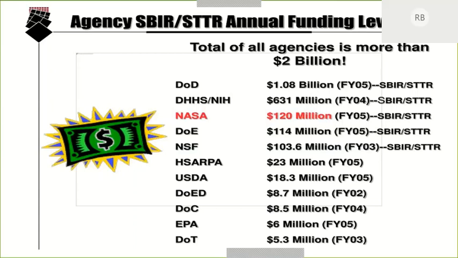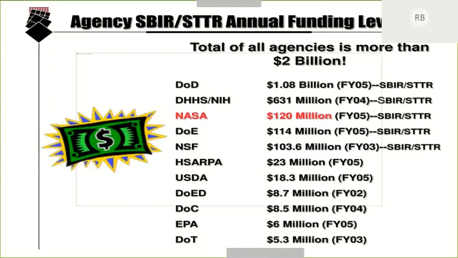These are the dollars. This is not the agency's budget. These are the dollars from their budgets that go towards these programs. If you look on the far left-hand side, it's the agency.